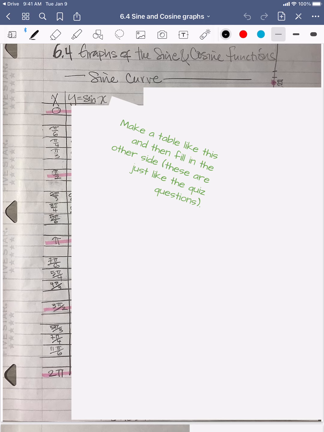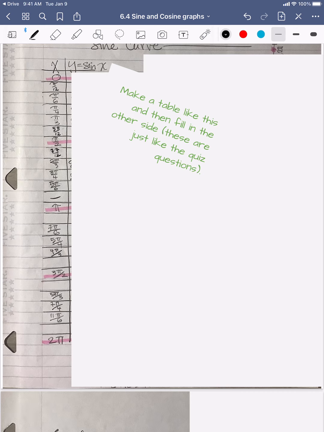These are the pi over 12s, just so that I can label my x-axis in equal increments. You don't want to include these, but I have them in here so I can label my x-axis proportionally.